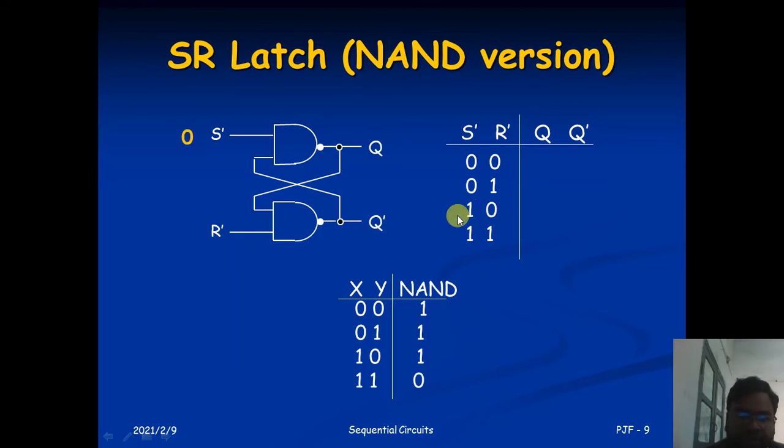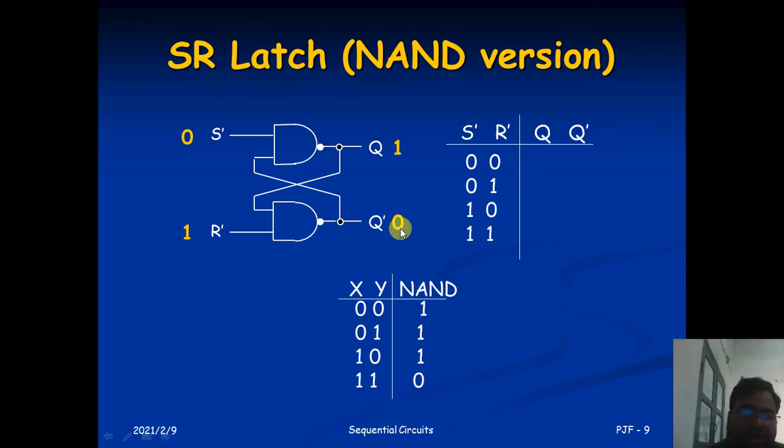So when you are having this 0 and this R is 1, now when you pass this 0, this will produce 1, and this 1 will go here, and 1 and 1 will be 1, and the NAND gate will produce, according to this table, 0.